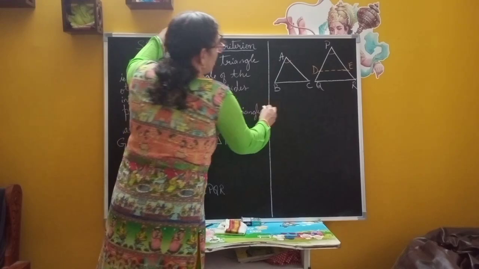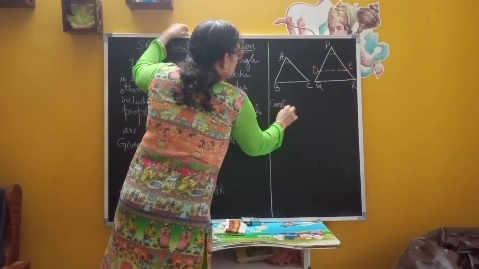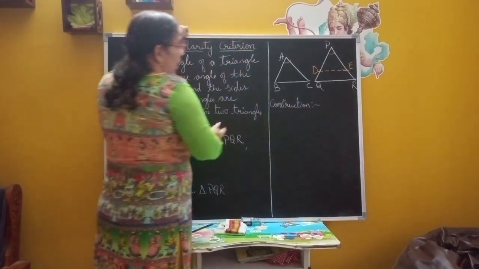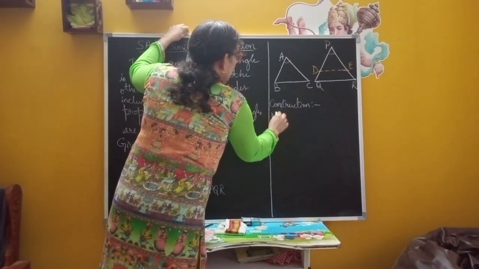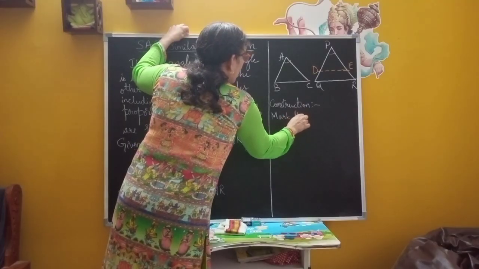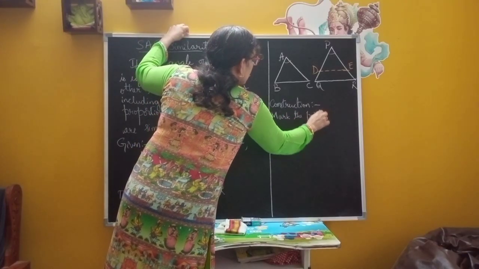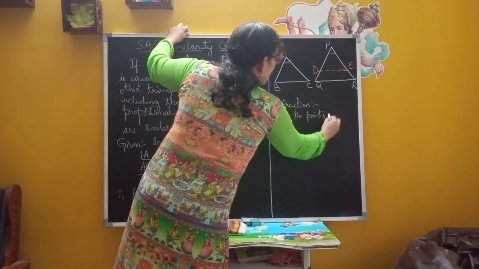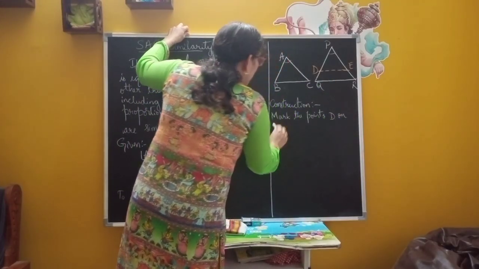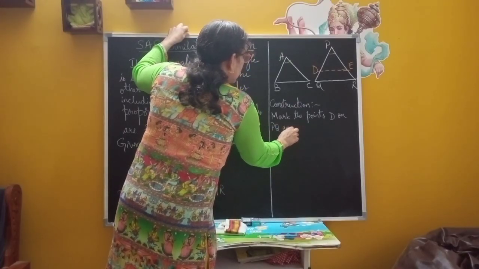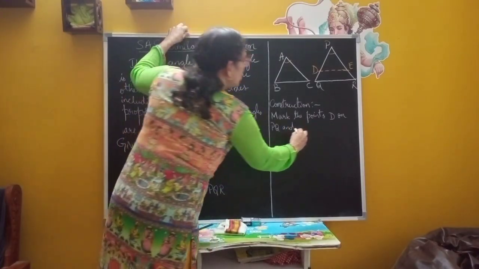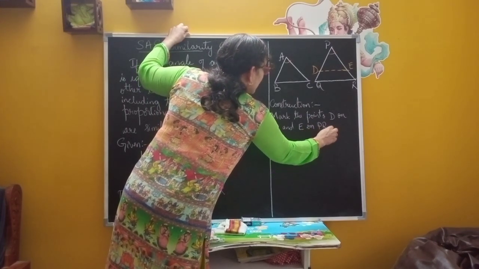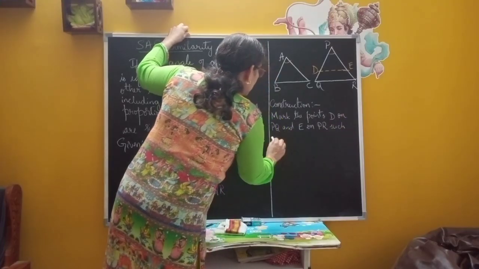So construction, what have you done? Construction is: mark the points, D on PQ and point E on PR such that, what is the condition?